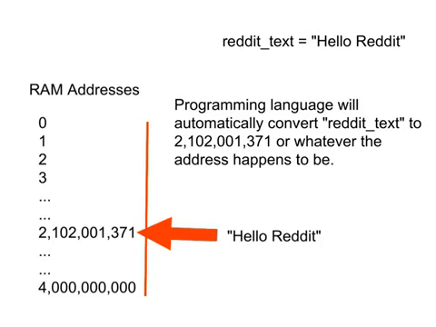Later on, if I want to use this same text somewhere in the program, all I have to do is say, for example, print Reddit text. And when I say print Reddit text, the programming language will immediately know that I'm referring to this specific data.